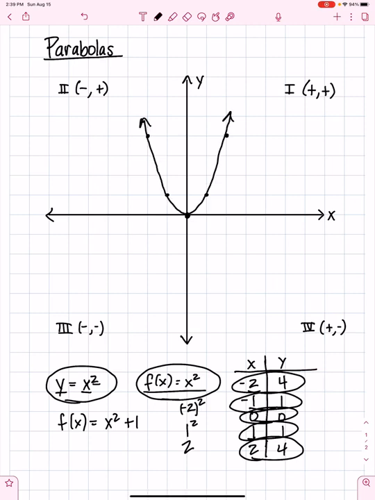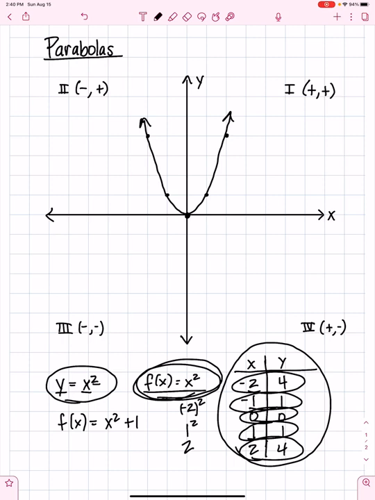So that's the parent graph, the parent function of a parabola. All right. So if the equation changes, then the graph is going to change in accordance with it, because remember, your equation is your blueprint. See, we used the equation and the relationship of x squared to y to create a table of values. I plotted the ordered pairs, and then I was able to create my graph.